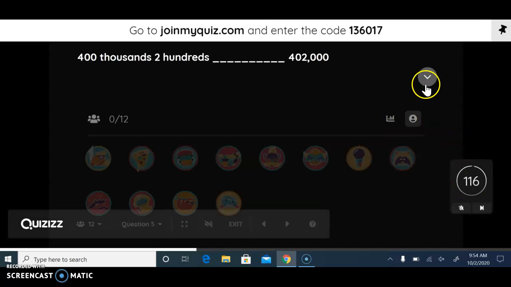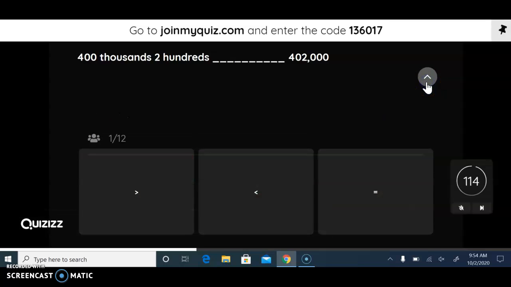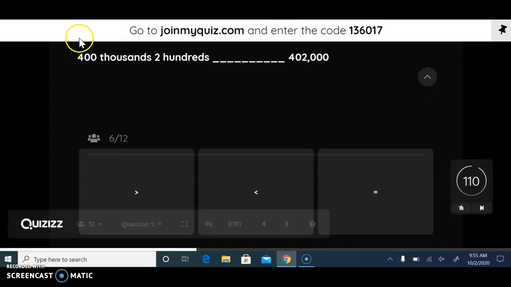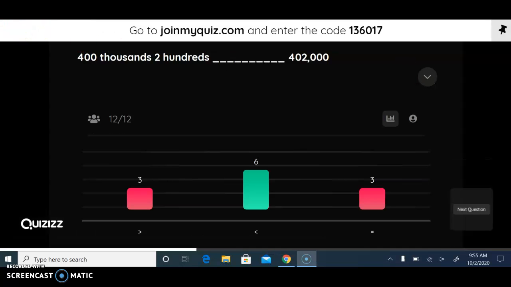400,000 and 200 is greater than, less than, or equal to 402,000. All right, 400,000 and 200 was what, Caden? Is it less than, greater than, or equal to? Less than.